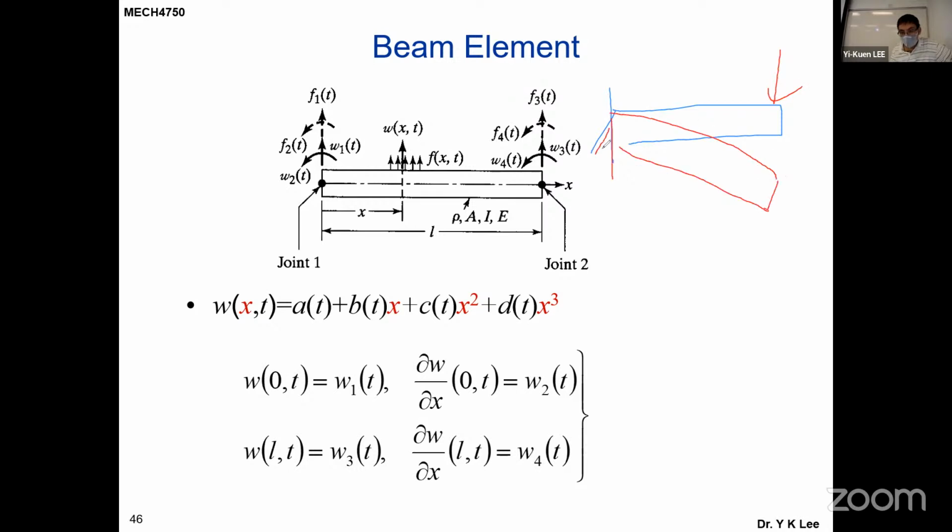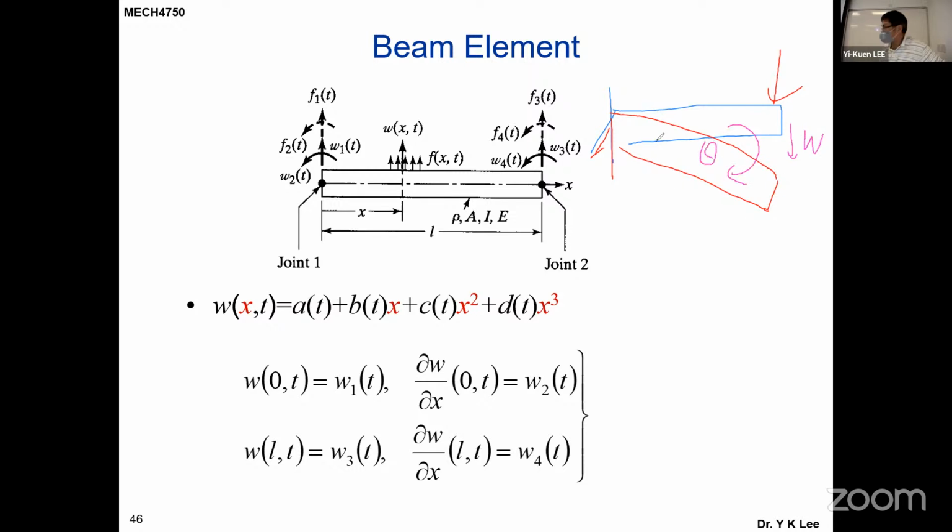So in general, what do we need to do? The key issue for this problem is we have this kind of thing. For example, you describe this displacement W, and then what? Rotation angle.